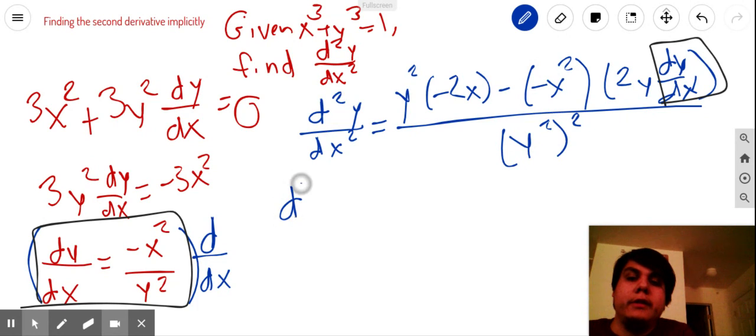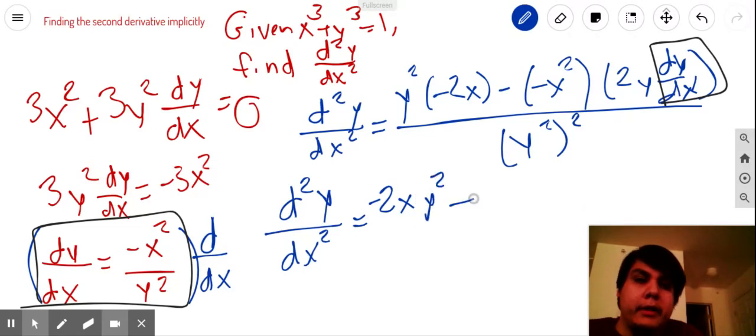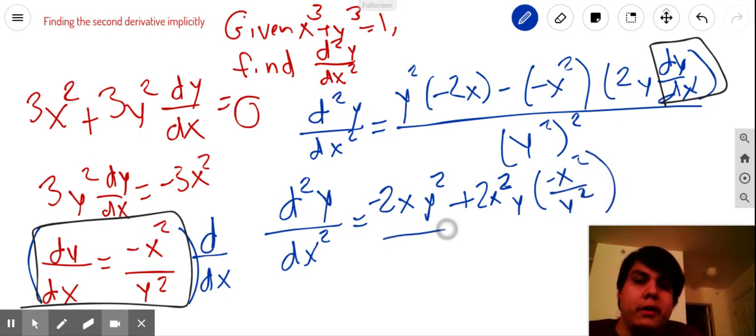We're going to say that d squared y over dx squared will equal a negative 2xy squared plus 2x squared y times a negative x squared over y squared, all of which gets divided by y to the fourth.